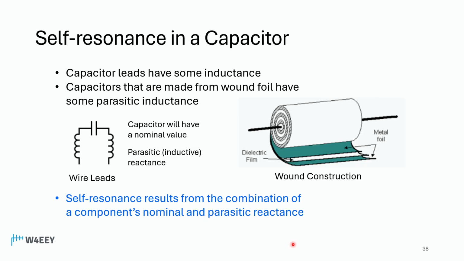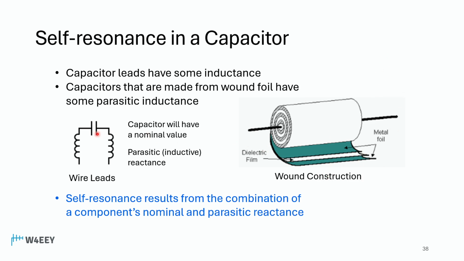Now let's look at self-resonance in a capacitor. Here's a common capacitor. I showed you a film capacitor earlier that was just two plates with a plastic film in between. They're commonly wound, however, to increase the value of the capacitance and give greater surface area on the plates.